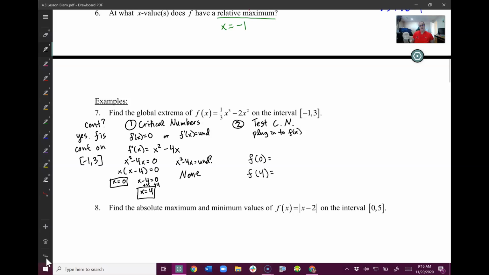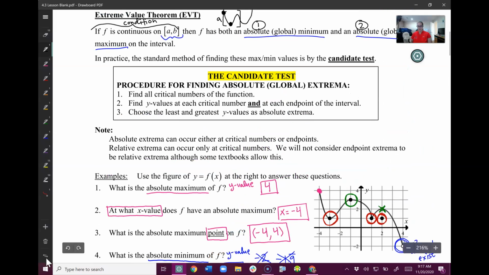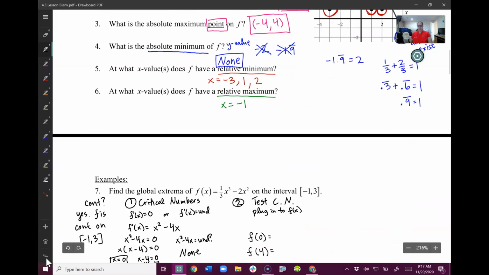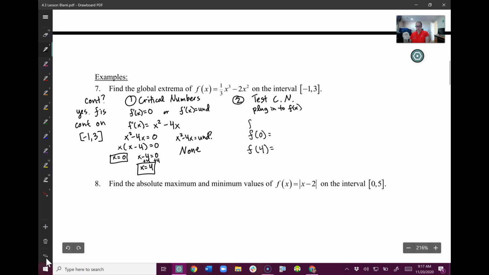Now, wait a minute. Let's go back and look at that. Find y values at each critical number and at each endpoint of the interval. So I also need to include f of -1, my endpoint, and f of 3, my endpoint.